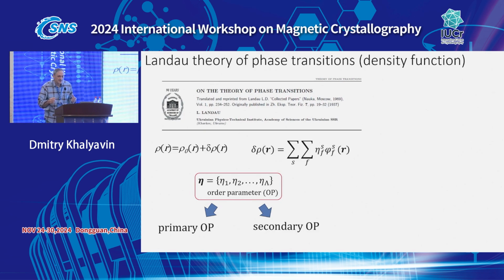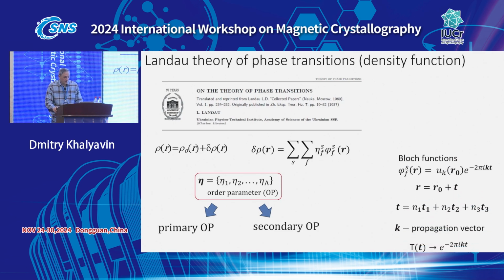What does it mean that symmetry permits something, that they're allowed? It means that if we add this distortion, symmetry doesn't change. But if we consider them separately, the secondary order parameters have a symmetry higher than the primary order parameter. So they don't break the symmetry down to a level as low as the primary order parameter. But as soon as symmetry is broken by the primary order parameter, the presence of secondary order parameters is allowed.